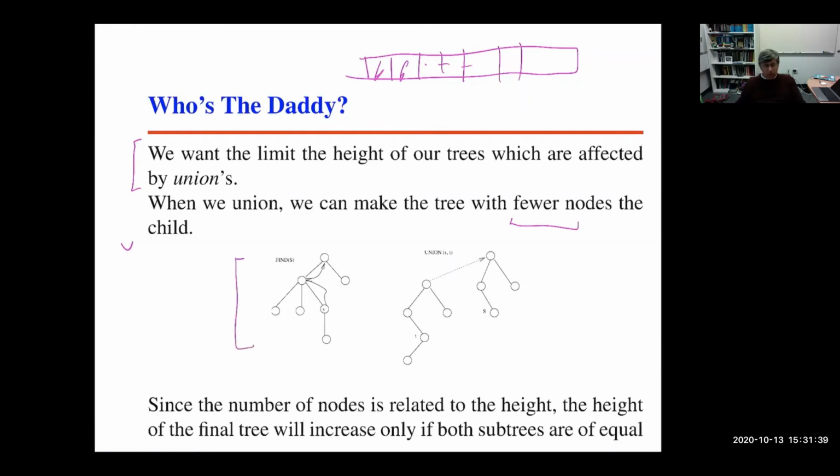What is the number of times I can double the number of nodes in a tree? Let's think about what the height is. Let's say I have a tree of height h. What is the minimum number of nodes I can have in a tree of height h?